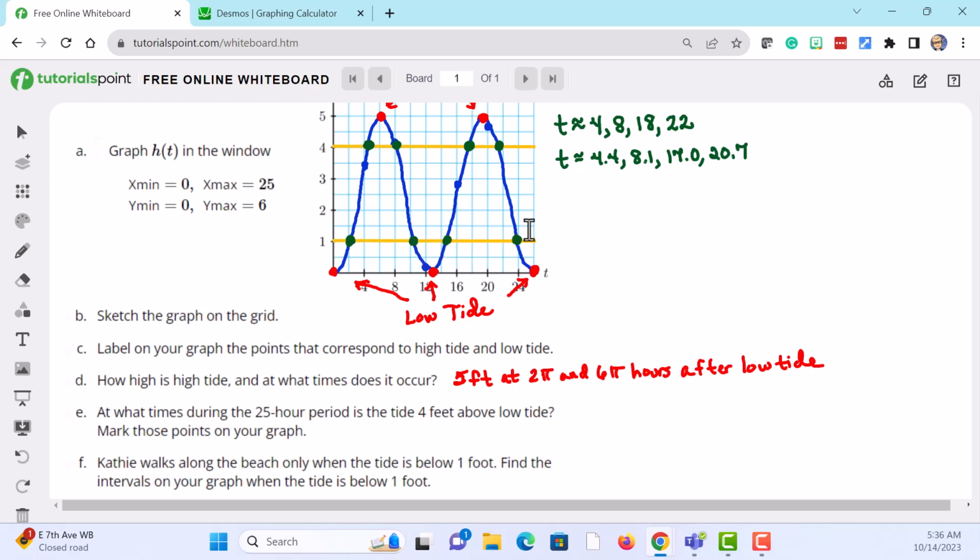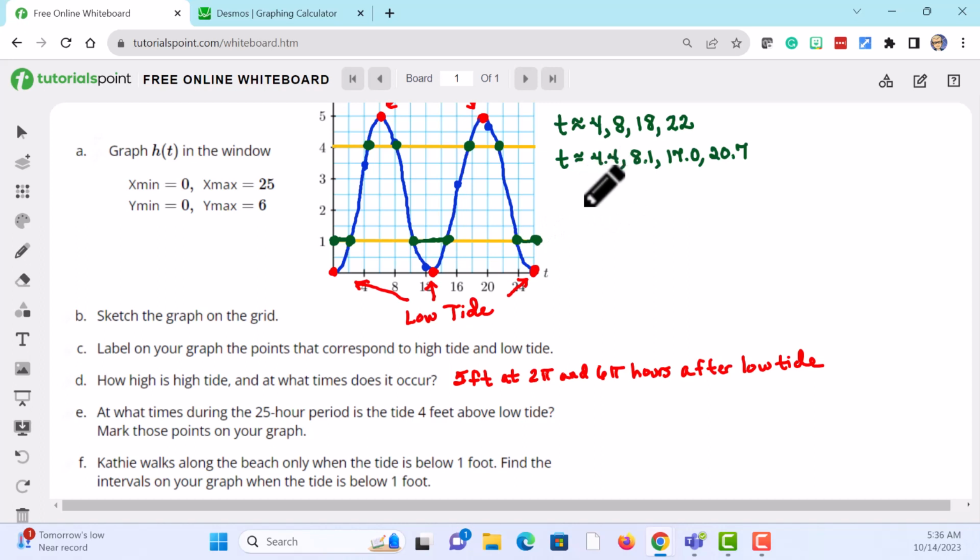And we want to find out when the tide is below 1 foot. Well, that would be starting at 0 and going to our first intersection point, starting at approximately 10 and going to our next intersection point, and then starting at our last intersection point until 25.